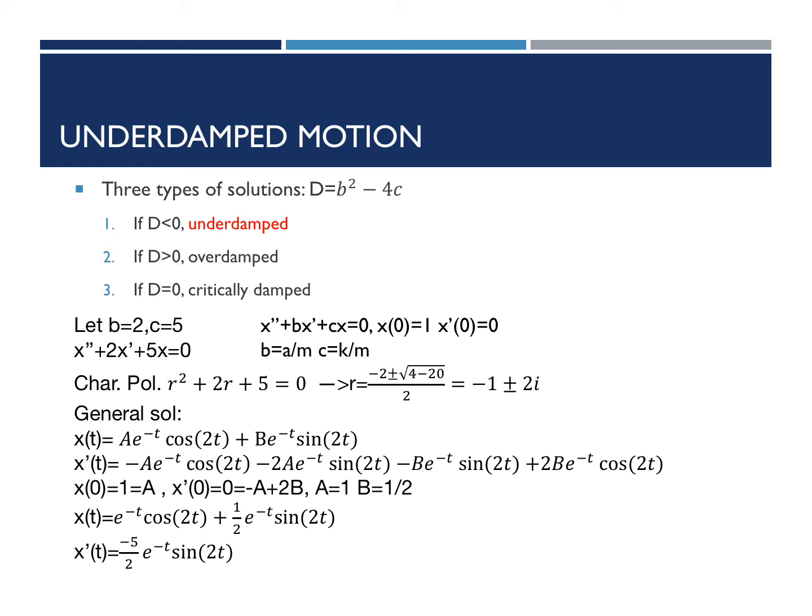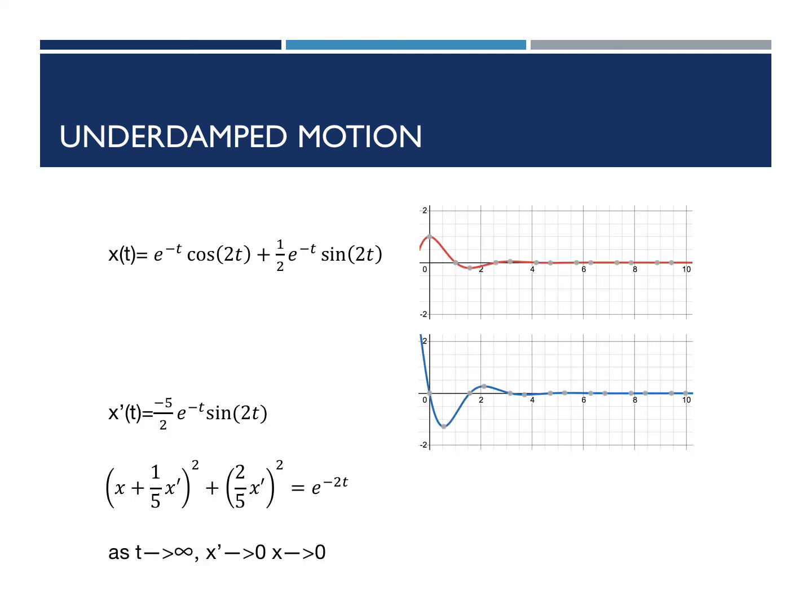As our example, we let b equal 2 and c equal 5, and we solve the equation, and we get x of t equals e to the minus t cosine 2t plus 1 over 2 e to the minus t sine 2t, and x prime of t equals minus 5 over 2 e to the minus t sine 2t.